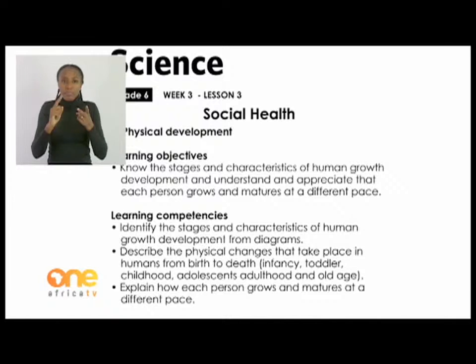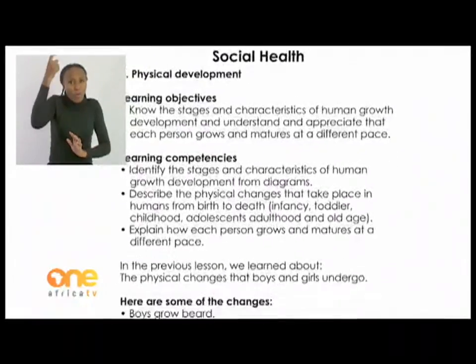Second competency: we'll be able to describe the physical changes that take place in humans from birth to death. It means what happens to us as human beings during our lives. The third competency: we'll also be able to explain how each person grows and matures at a different pace.